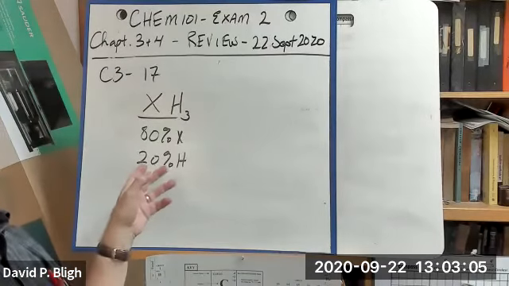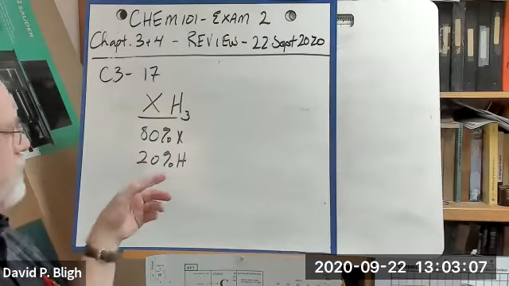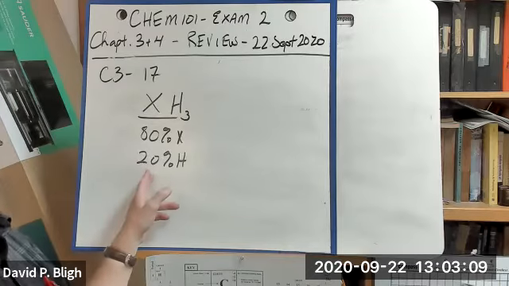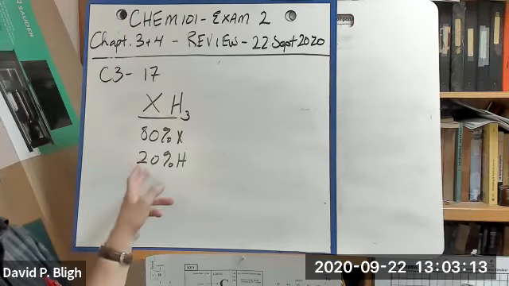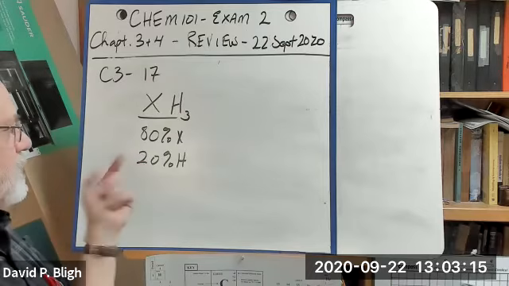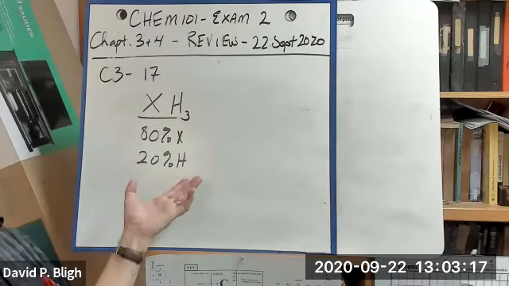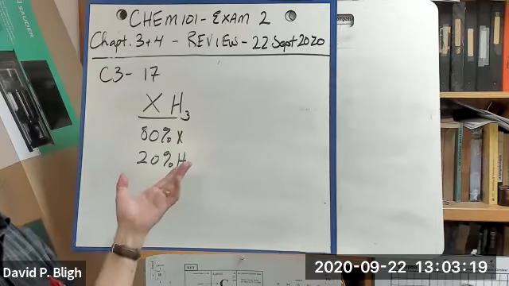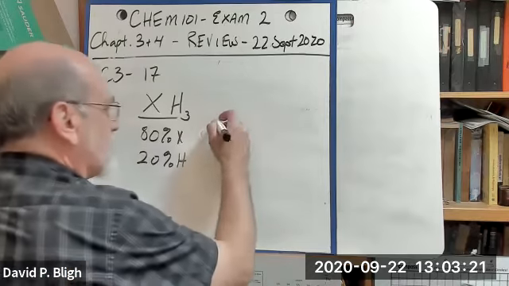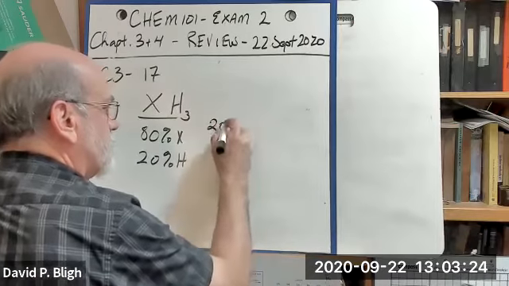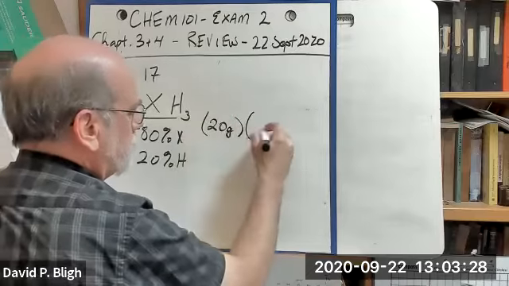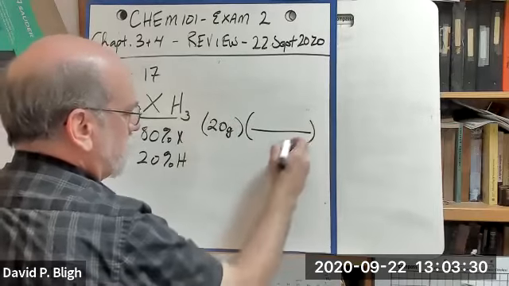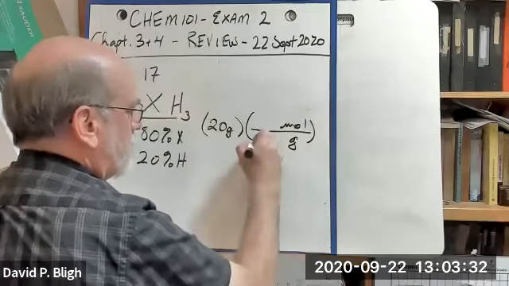In order to find out how many moles of each one we have, we need mass. So if 20% is hydrogen, 80% is X, then we just assume, like we were doing our empirical formula, we've got 100 grams. So 20 grams of hydrogen is how many moles? Grams per mole.